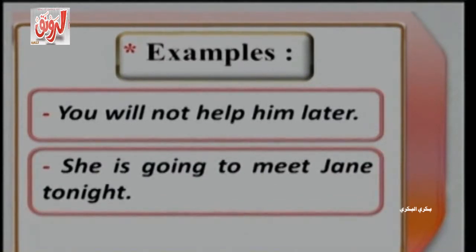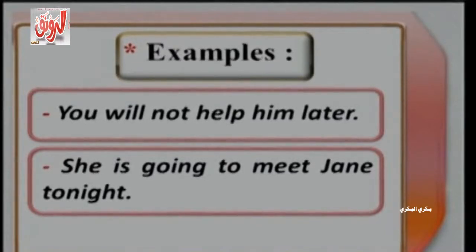As for going to, it is used to show future actions. She is going to meet Jane tonight. If you stop at she is going, it is a present continuous action. But we treat the action as a whole. Going to is one thing and is a sign used to indicate a future action.